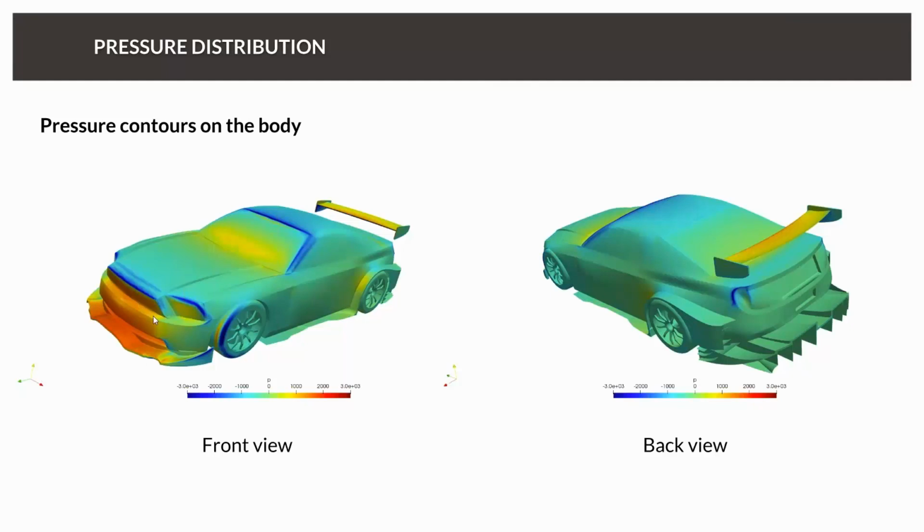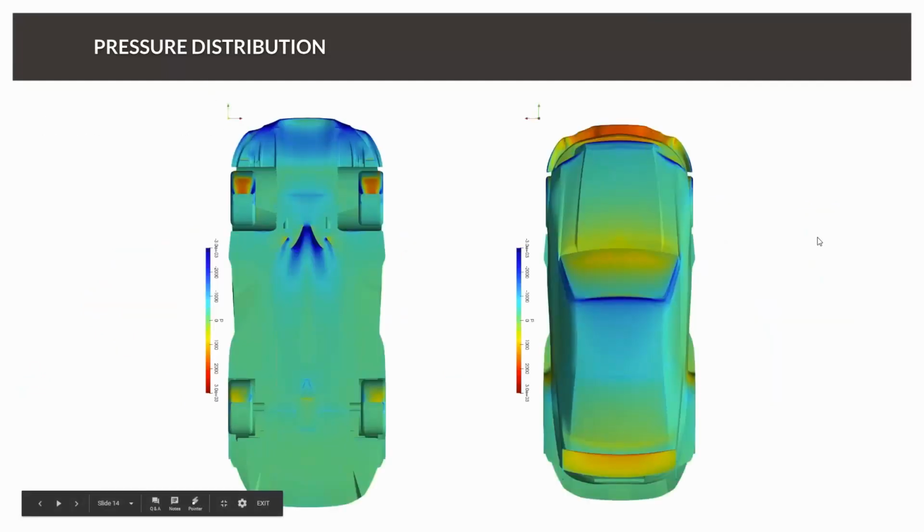We can see high pressure areas on the front splitter and on the upper side of the rear wing. We can also see some low pressure areas, like on the pillars or on the tires, since the tires are moving and rotating. This is also considered.